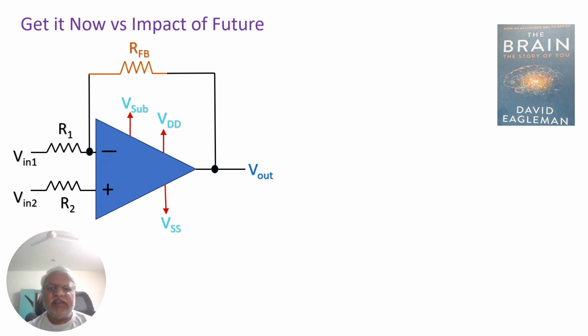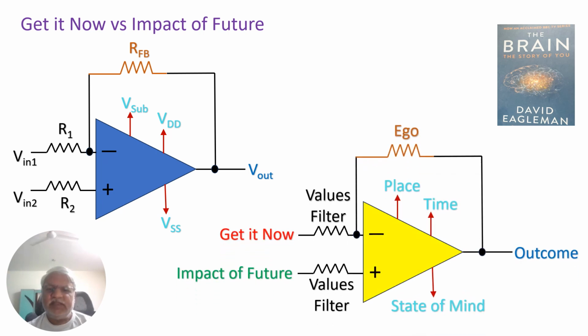Here you will find that for the mind, there are a few things which are very common, which I represented. This is one input here, Get It Now, and another input, Vin2, is Impact of Future.